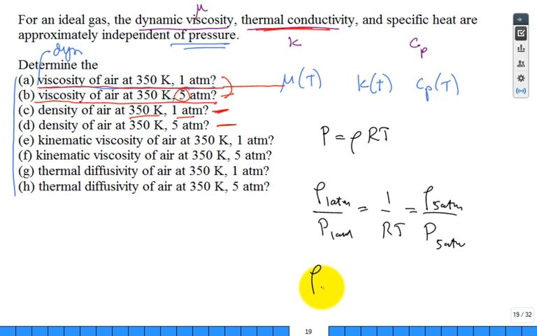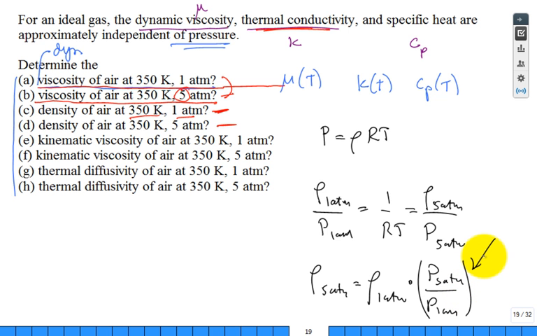So the density at 5 atm is equal to the density at 1 atm out of the table, multiplied by the pressure at 5 atm divided by the pressure at 1 atm. What's that ratio? It's just 5. So you just multiply the density times 5, and then boom, you'd have that answered.